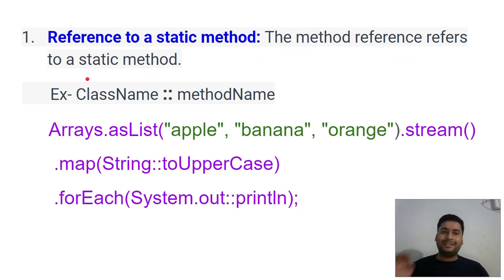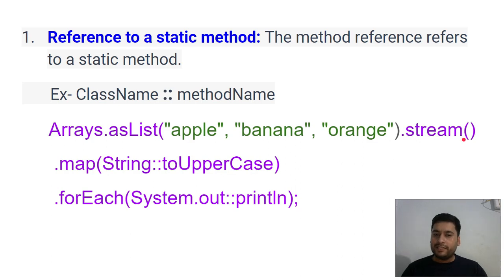For example, this is the first point. While calling or referring to a static method, how can we write the code? We call this particular static method with the help of the class name, double colon which is method reference, and the method name. For example, ArrayList.asList(apple, banana, orange).